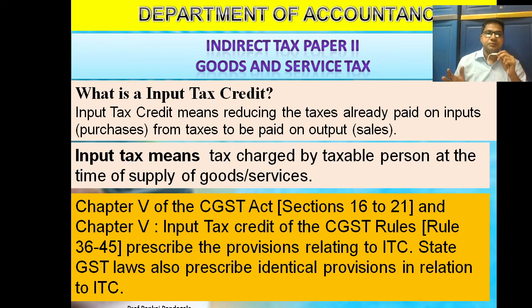Now friends, we will study some practical examples on how we will implement input tax credit. Before starting this practical, we will discuss some concepts which are required whenever we solve problems.